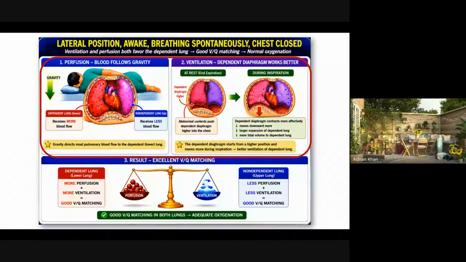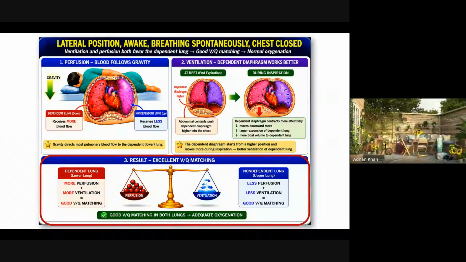So the dependent lung receives a larger proportion of the tidal volume, and hence both ventilation and perfusion are preferentially well distributed to the dependent lung. The end result is that ventilation perfusion matching is preserved and oxygenation remains excellent.